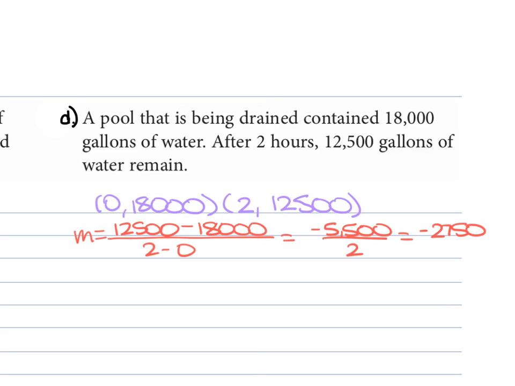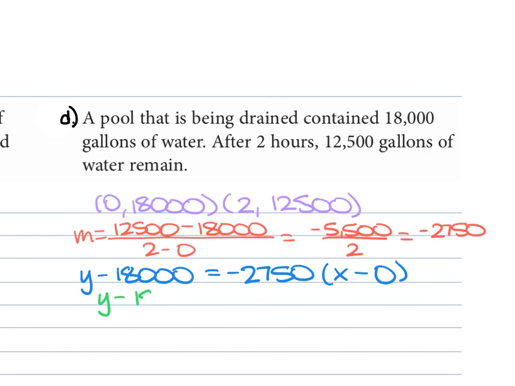Use one of these 2 ordered pairs. I'm going to use 0, 18,000. So this is going to give us y minus 18,000 is equal to negative 2,750 times x minus 0. The x minus 0 is just x, so this is y minus 18,000 is equal to negative 2,750 times x. I want my x to be positive, so I'm going to move my x over, and same thing with the negative 18,000.